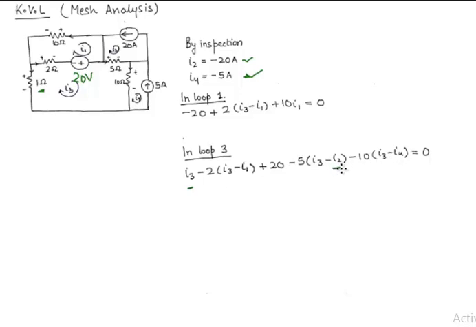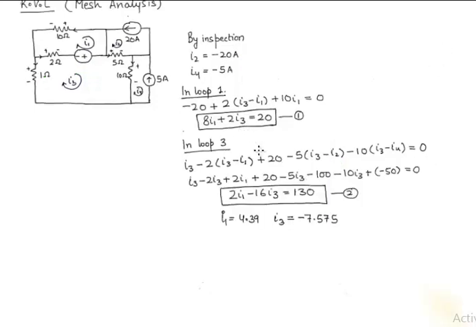And we know that the value of I2 is already minus 20 and I4 is minus 5, so we can simply put minus 20 and minus 5 here. And from the first and second equation we can find I1 and I3, and the current in this branch will be I3 minus I4.